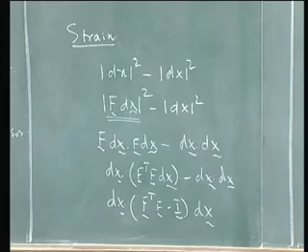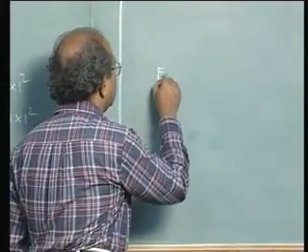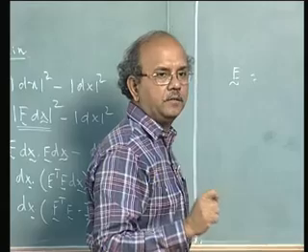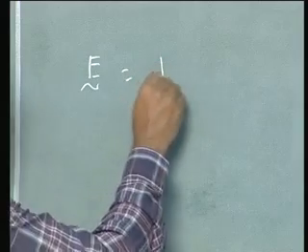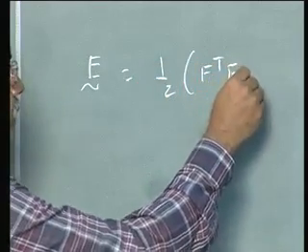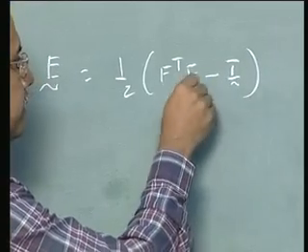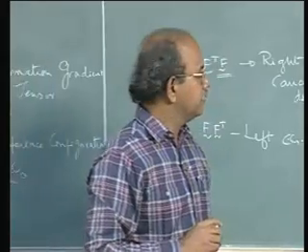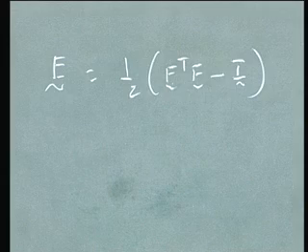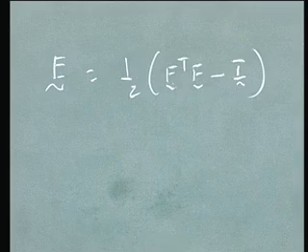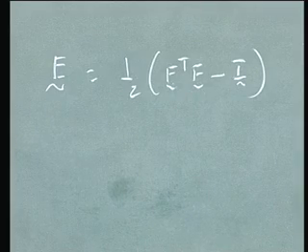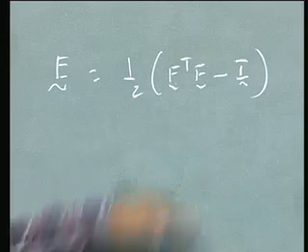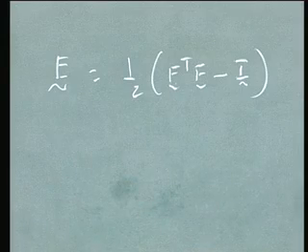Let me define now E, the Cauchy-Green strain tensor, to be half into F transpose F minus I. So I am defining that to be half into F transpose F minus I. Now look at this term and look at this term here, and see what we are trying to do.